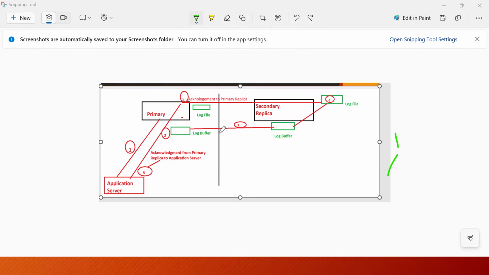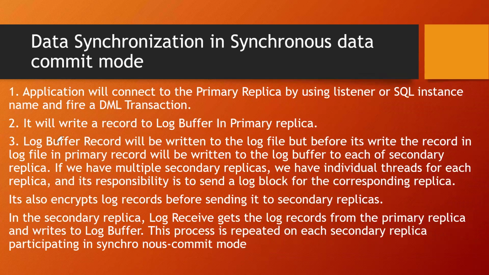That is what I have written in the third step: the log buffer record will be written to the log file, but before it writes the record into the log file in the primary replica.